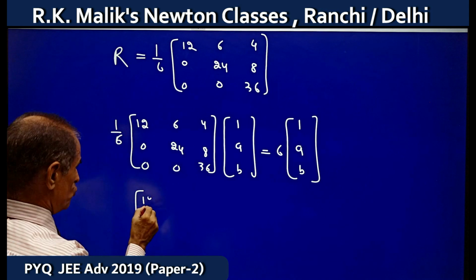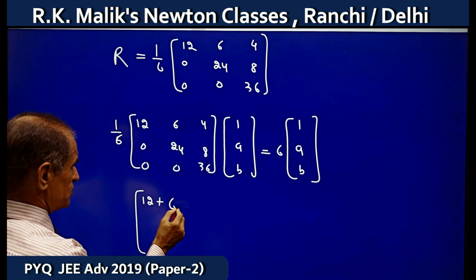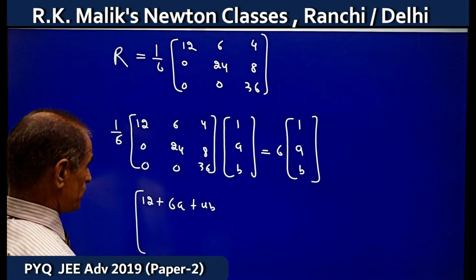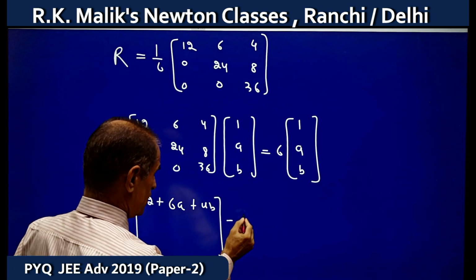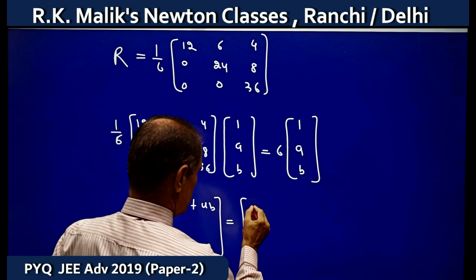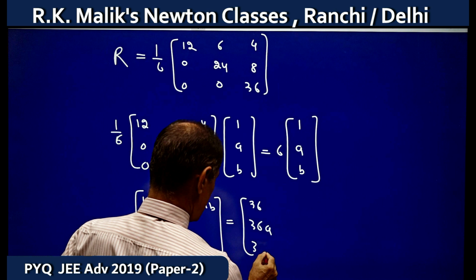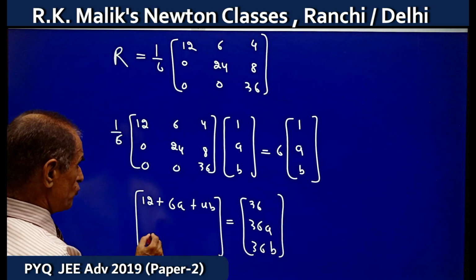Here you will be getting 12 plus 6A plus 4B equal to 36, 36A, 36B.